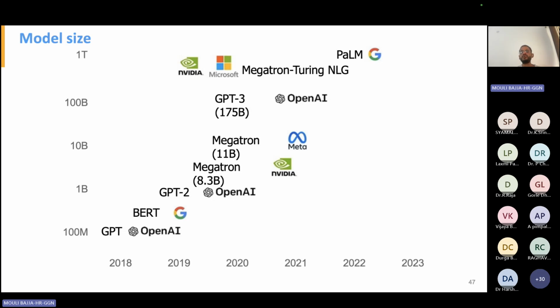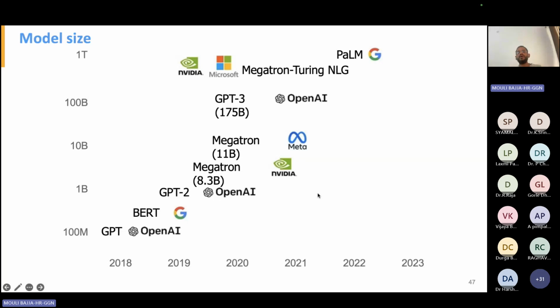And suddenly in 2020, 2021, an 8 billion parameter Megatron was built by NVIDIA. Those people who are smart purchased NVIDIA shares in 2021 after this model was built. I think whoever invested in that company 3 years ago has made millions of dollars now, because its shares have increased so many times.